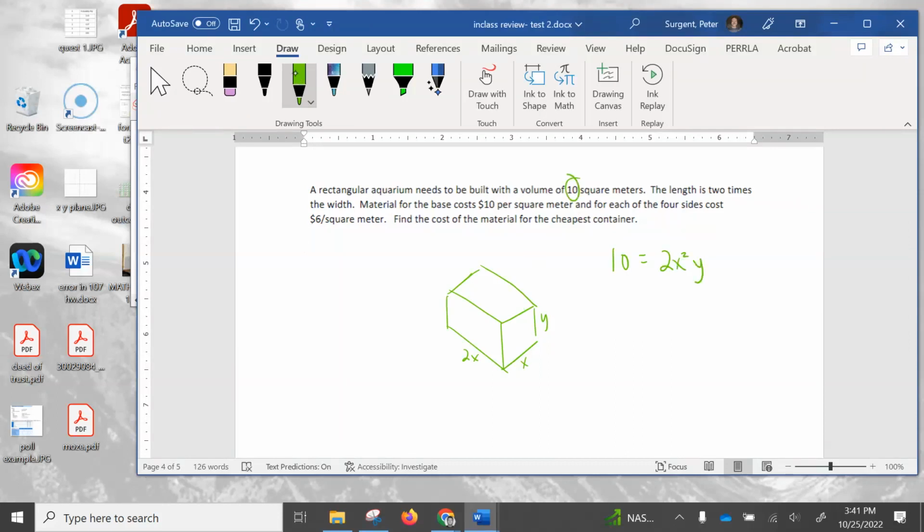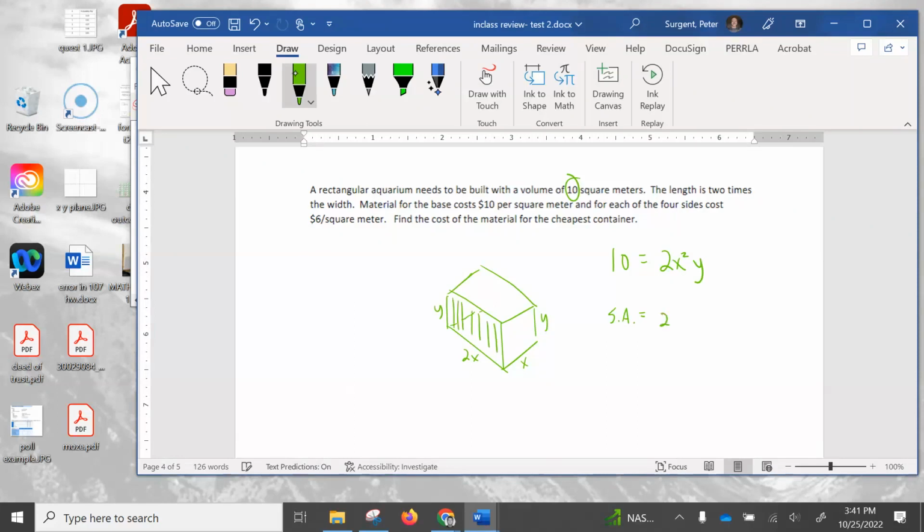Yep. So anytime you're given a value, that's typically your secondary equation. Jonah, you want to try the other equation? How about surface area? This is how I look at this one. Can you give me a surface area for this one? So the surface area equals 2x times y times 2. Okay, so in parentheses, 2x times y. Very good.